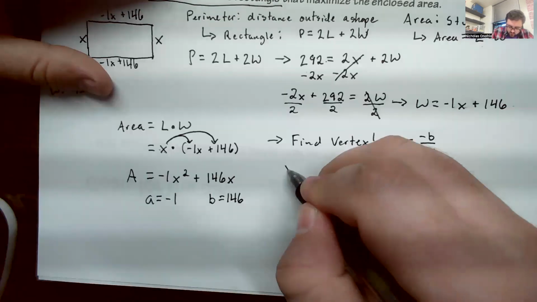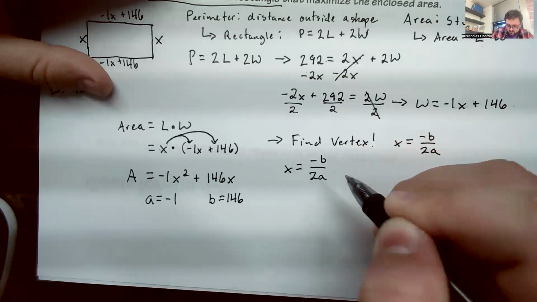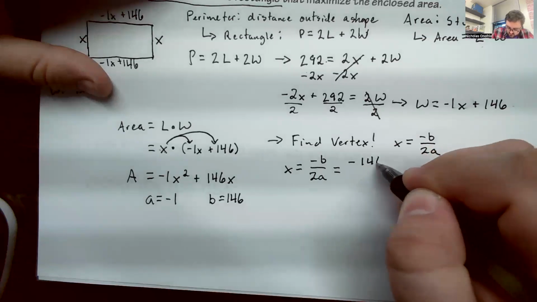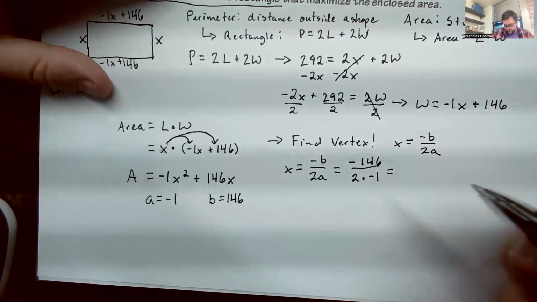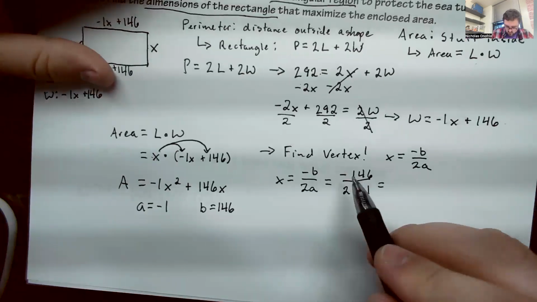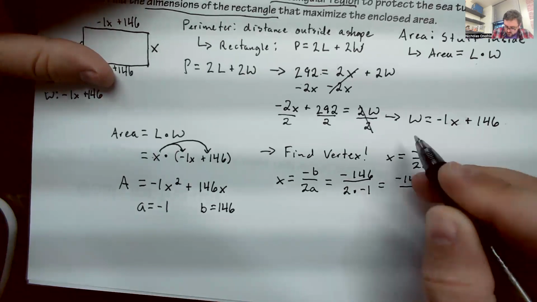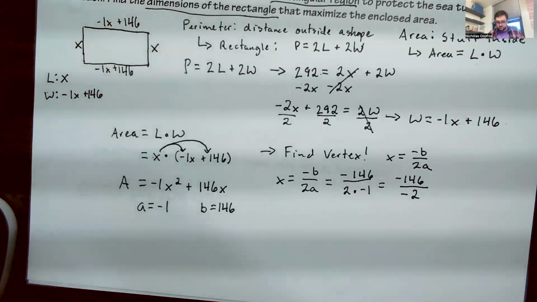Plugging those into our formula, x equals negative b over 2a, it's going to be negative 146 over 2 times negative 1. Negative 146 will stay the same up top. 2 times negative 1 is going to give negative 2.